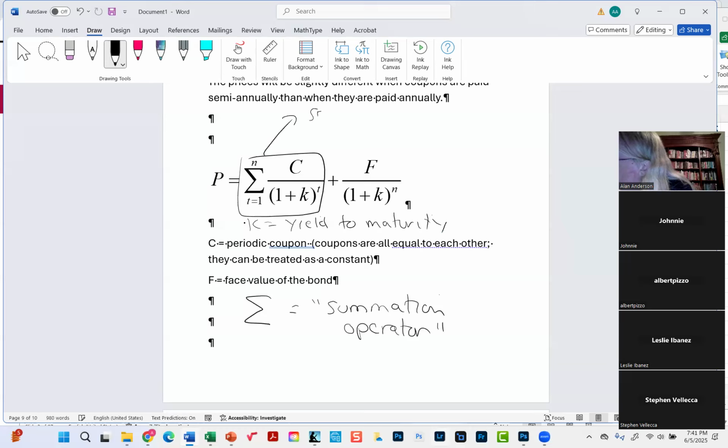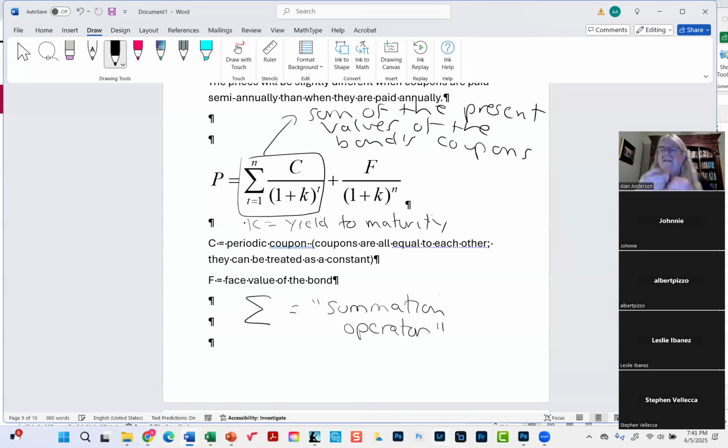So this is the sum of the present values of the bond's coupons. In other words, it's saying take all the present values and add them up. Now the face value is only paid back once, so there's no summation operator there.